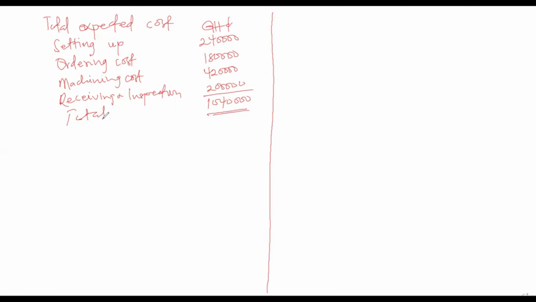So when it comes to the traditional approach, you have to find the overhead absorption rate. And the formula for the overhead absorption rate is the total overheads divided by the absorption base or the recommended base that will be given to you in the question.